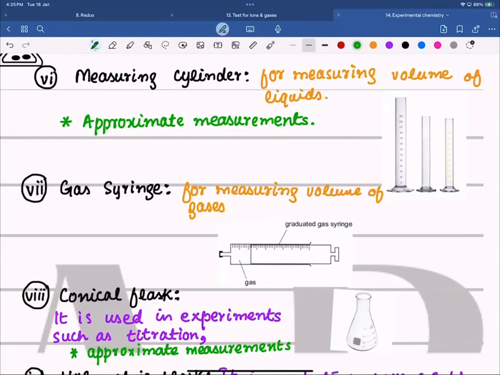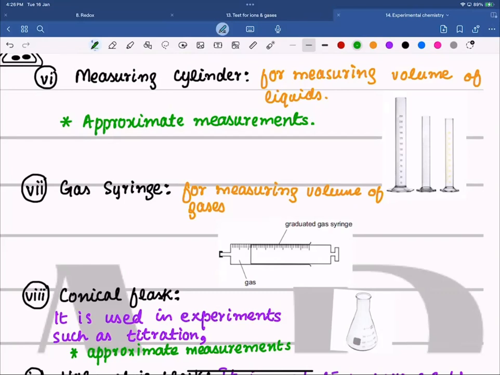Sir, I have a question. If multiple ranges of volume are given, how will we identify which apparatus we will use? Okay, so normally the pipette, you have seen, is 25 centimeter cube. So if you have to record exactly 25 centimeter cube volume, you use a pipette.